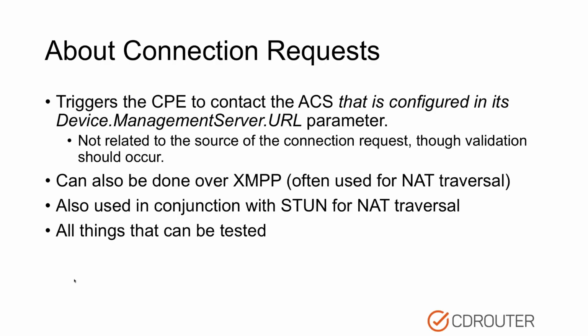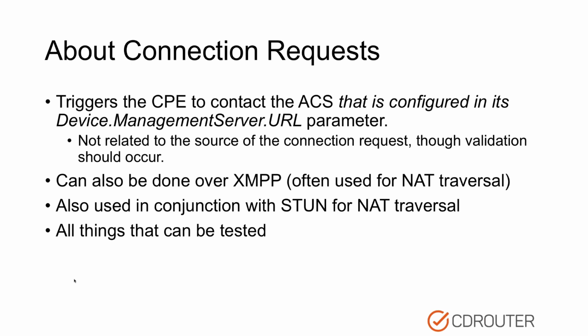So a little bit more about connection requests. They're used to trigger the CPE to contact the ACS, but it's the ACS that is currently configured in its Device.ManagementServer.URL parameter. And for the Internet Gateway Devices, that would be the InternetGatewayDevice.ManagementServer.URL parameter. And so this value is not related to the source of the connection request.